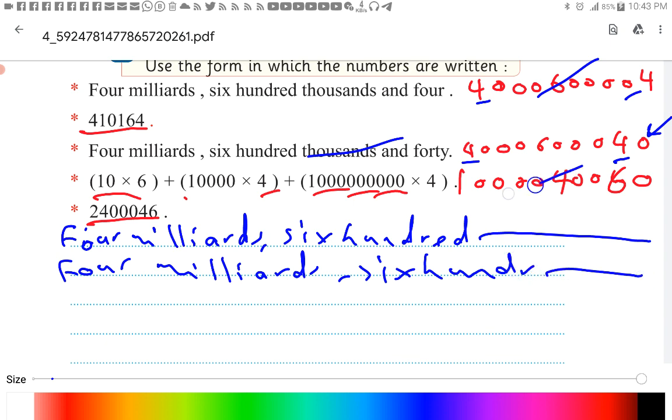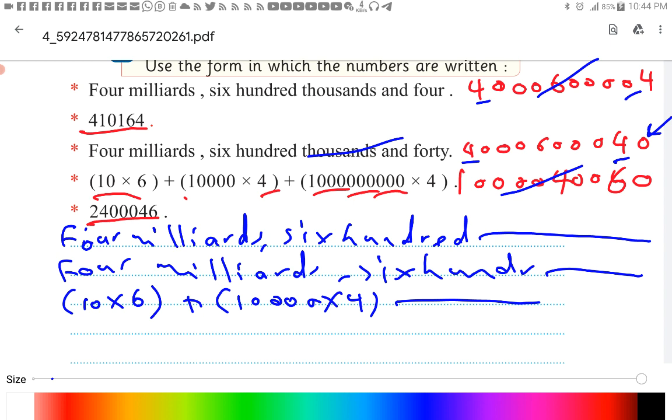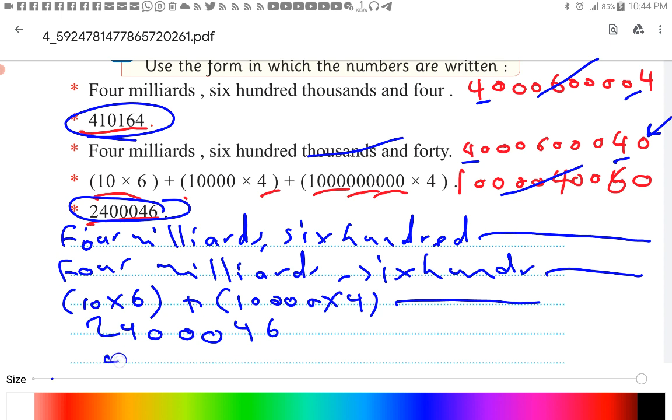Then you will write this one, 10 times 6 plus 110,000 times 4, and so on. Then this one is greater. 2400046. At last write this one, 410164.